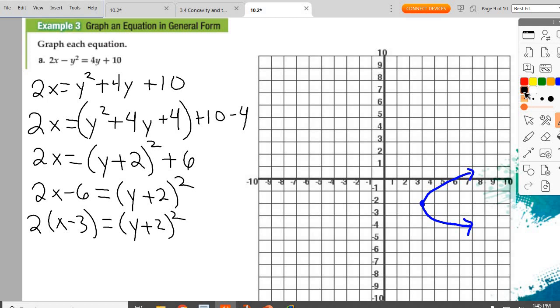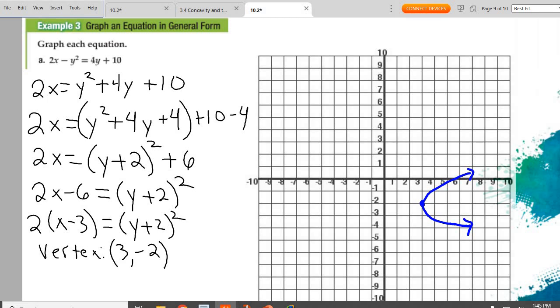Now, it doesn't ask us here, but we did talk about it. So we said that our vertex is at 3, negative 2. How would I find my focus and our directrix if it asked us to find those? We set 4c equal to the 2.